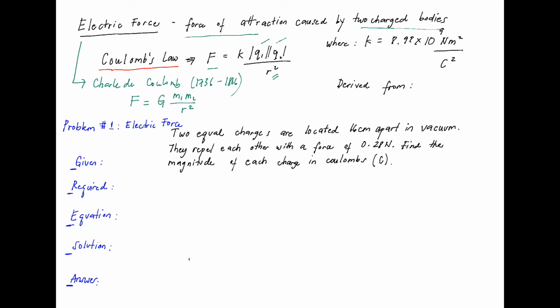For Coulomb's law, we have here force is equal to K multiplied to Q1 times Q2, get their absolute value, divided by the square of the distance or the radius.